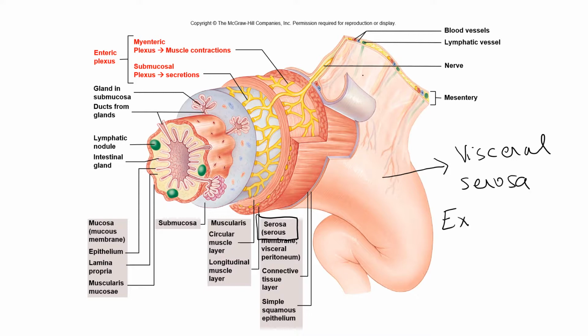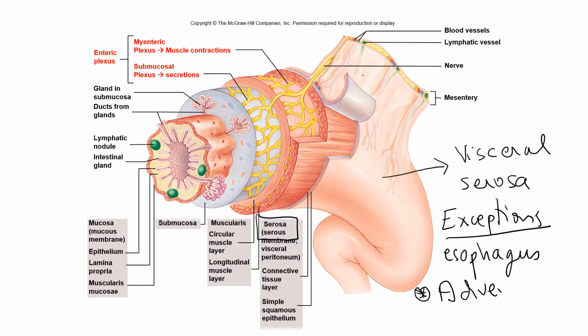The exception, the esophagus, which lies mostly in the thoracic cavity, does not have a serosa. Instead, it has a more diffuse connective tissue layer called adventitia.